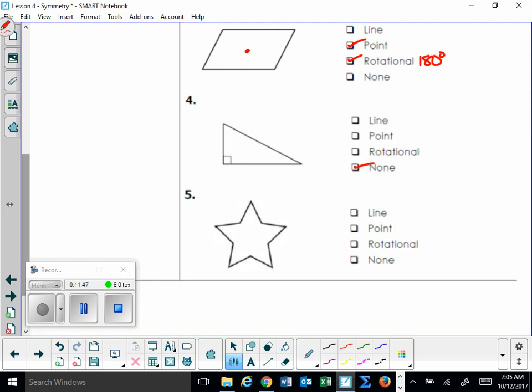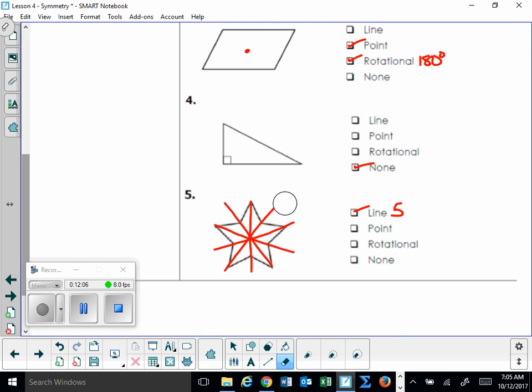All right, we already talked about this star, and we know that it has line symmetry. Five lines, as a matter of fact. We talked about it earlier in the notes.